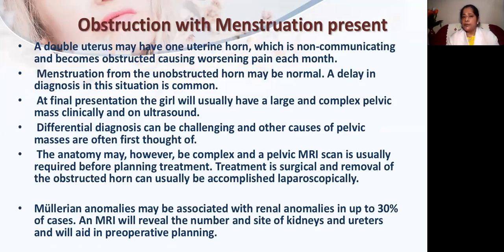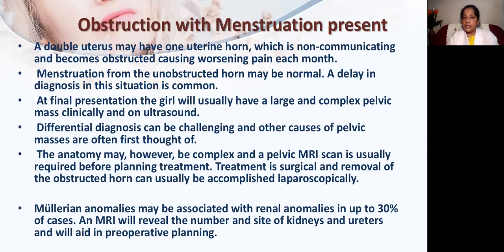A double uterus may have one horn which is non-communicating and it becomes obstructed, causing worsening of pain each month. Menstruation from the unobstructed horn may be normal, and a delay in diagnosis in this situation is common. At final presentation, the girl will usually have a large and complex pelvic mass clinically and on ultrasound.